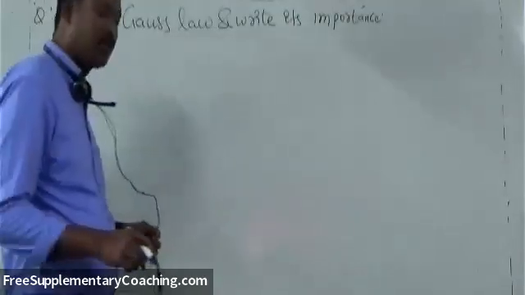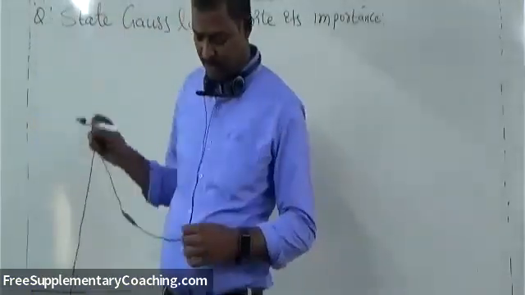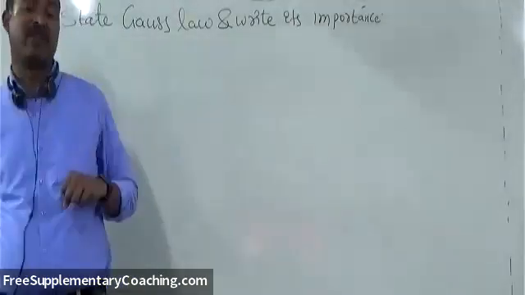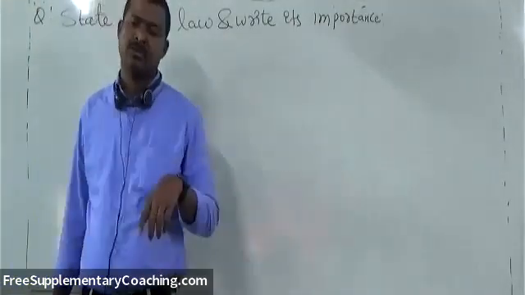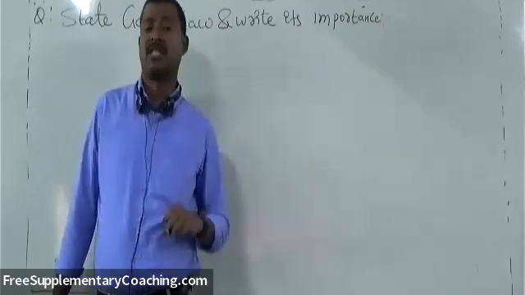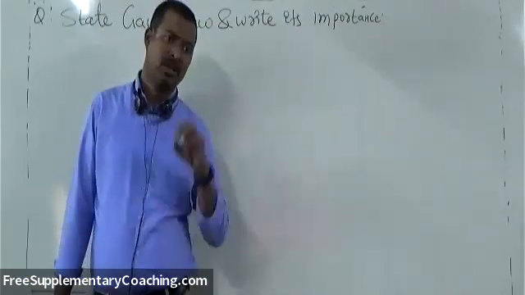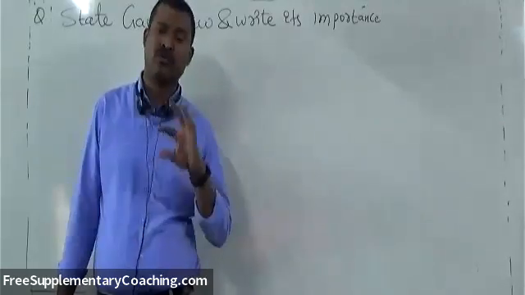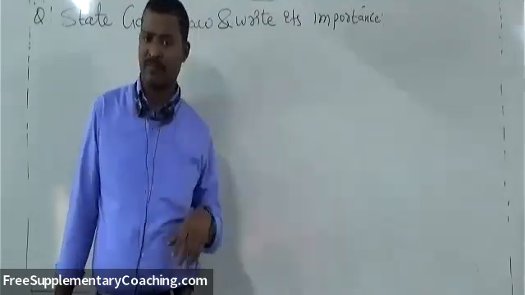Generally, what does Gauss law mean? Gauss law is really useful to find the electric flux through any closed surface. This law is very useful to find the electric flux through any closed surface.